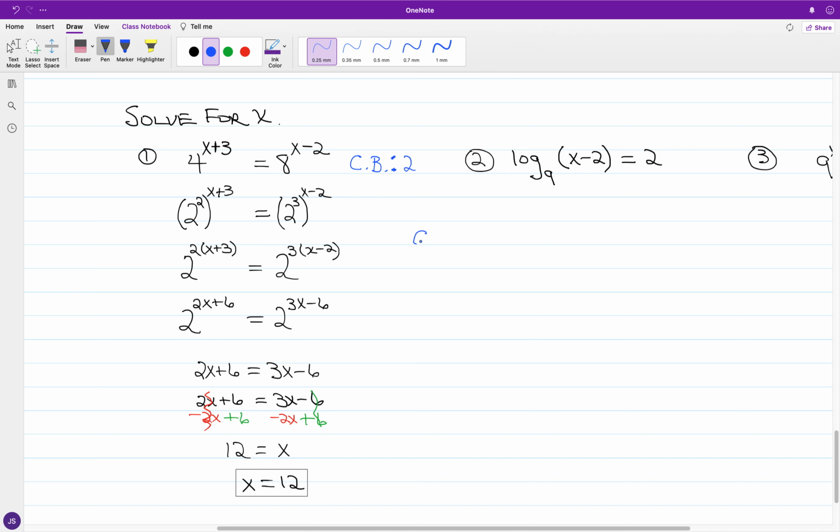So again I have the property a to the base a log of x is equal to x. So I've got the base a at 9, and so I can treat both sides of the equation as powers to which 9 will be raised.